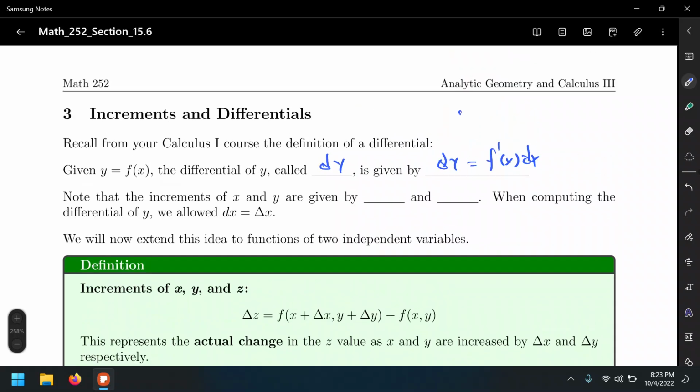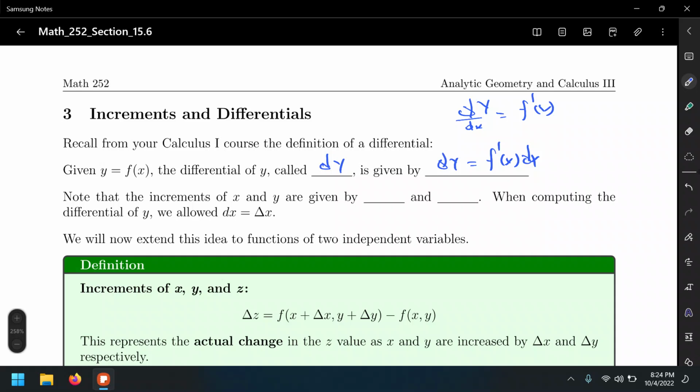That's because initially we found the derivative dy dx equals f prime, and we just used that symbol dy dx to denote a change of the dependent variable y with respect to the independent variable x.